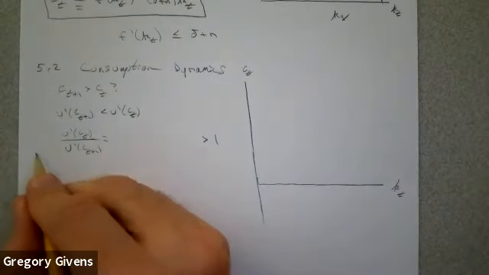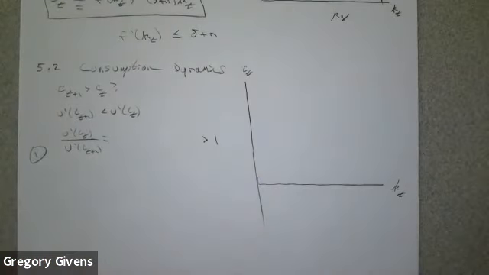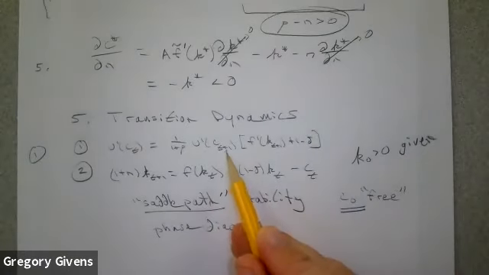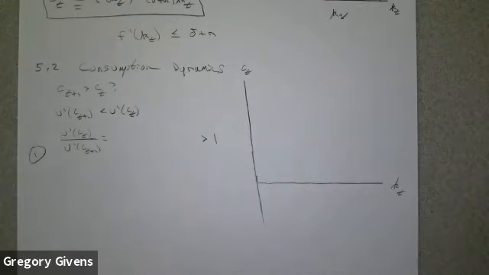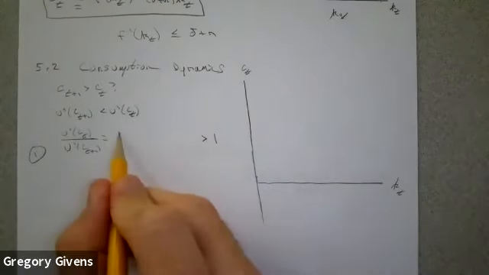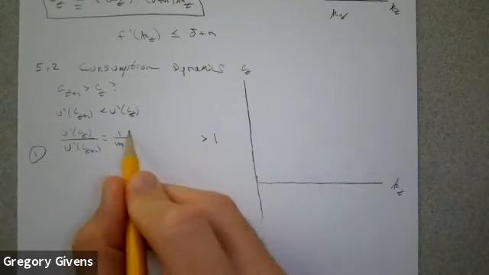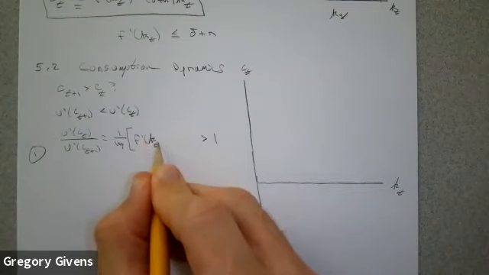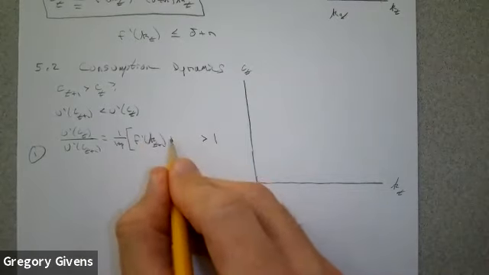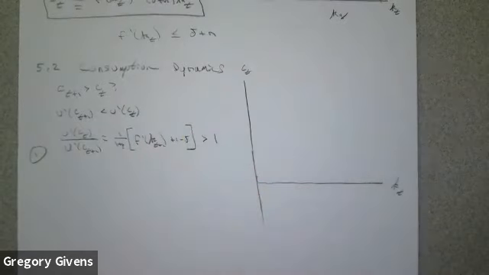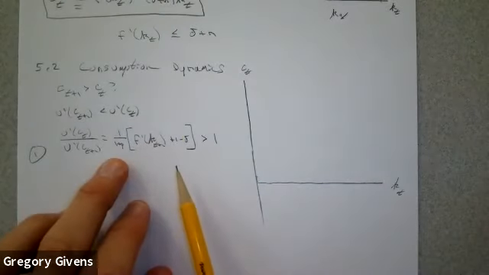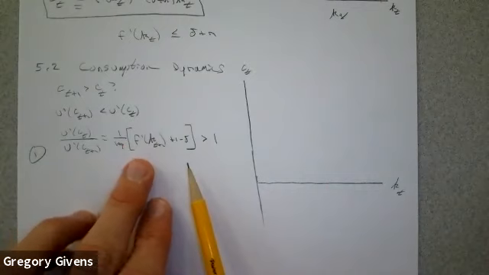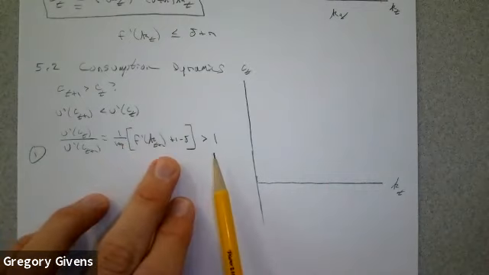But what is u'(C_t) over u'(C_{t+1}) equal to? Well, here I'm going to appeal to equation 1. That is the Euler equation. u'(C_t) over u'(C_{t+1}) is just 1 over 1 plus rho times f'(K_{t+1}) plus 1 minus delta. So 1 over 1 plus rho times f'(K_{t+1}) minus delta has to be bigger than 1.